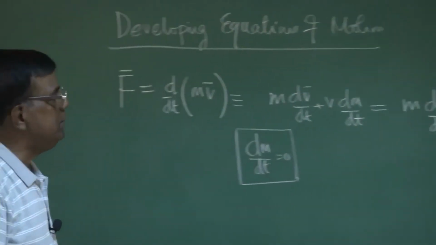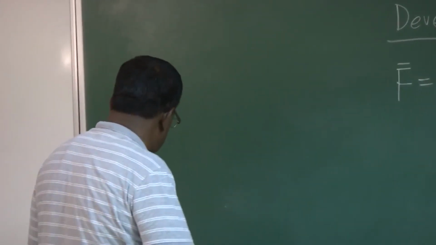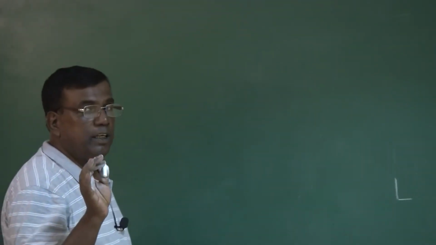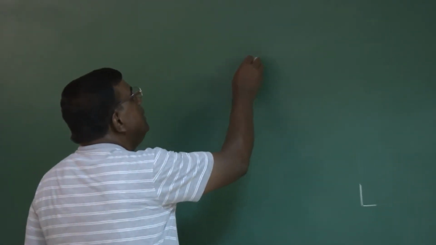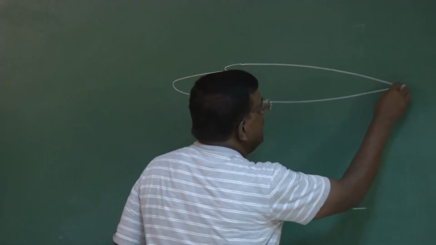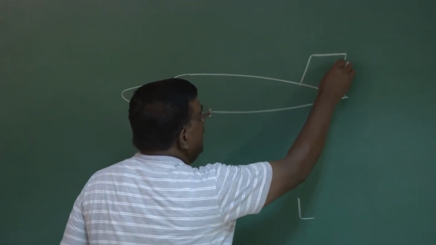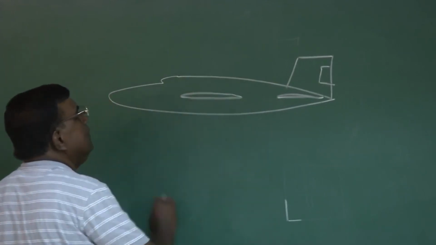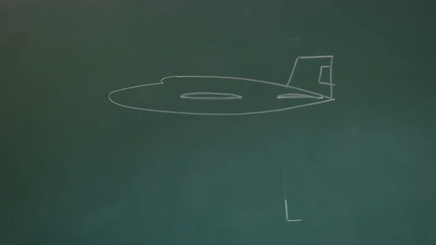But now what happens for an airplane? Please understand this concept very clearly. If you understand this clearly, tomorrow if the vehicle is changed, instead of aircraft, it is a missile or a rocket, you will not find any difficulty in understanding.